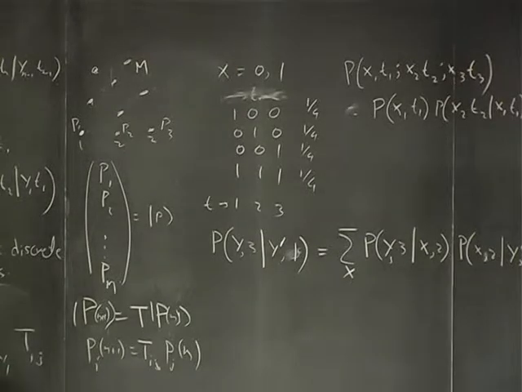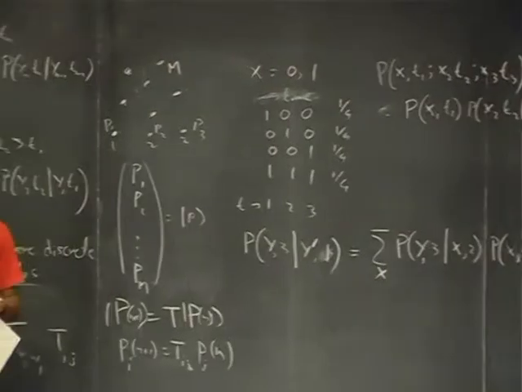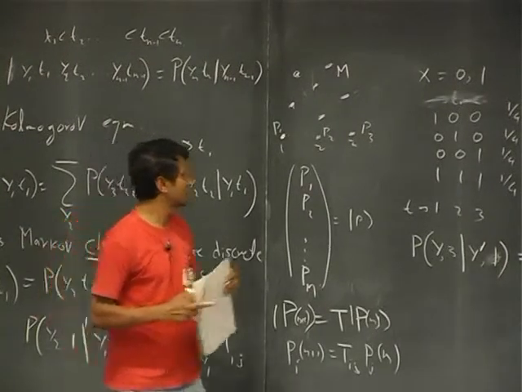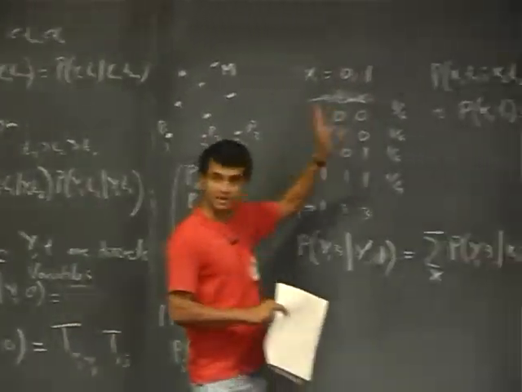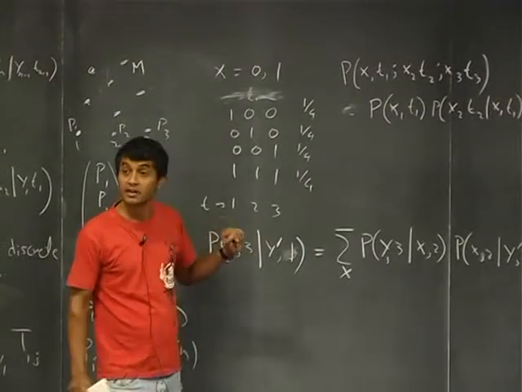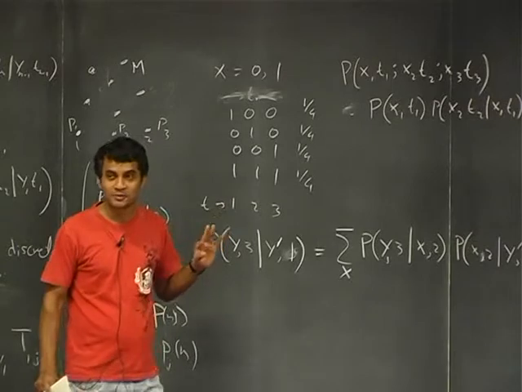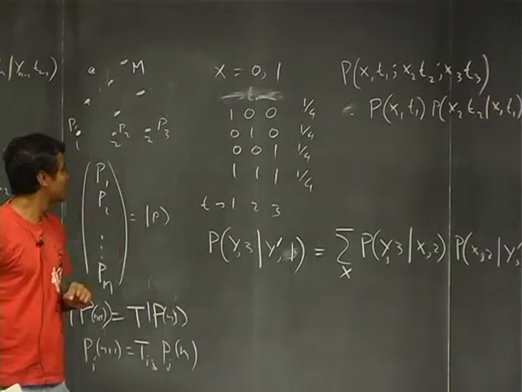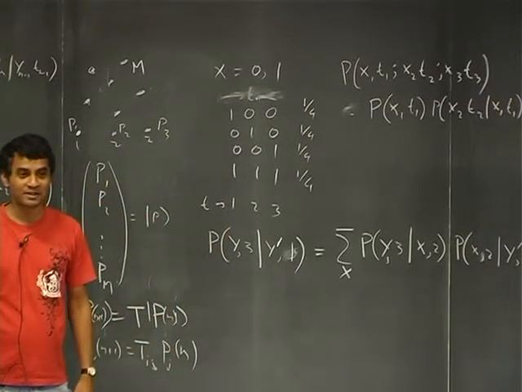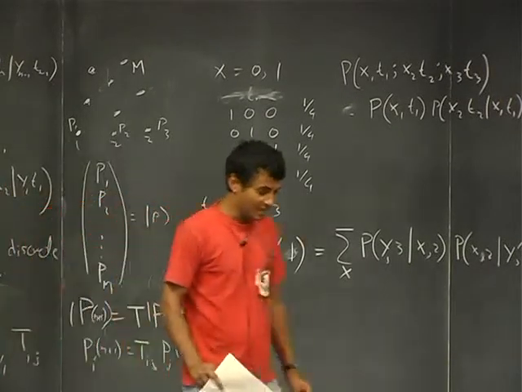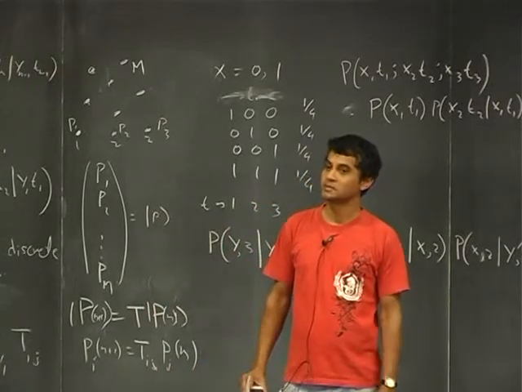So each time it can take two possible values. So there are... How? No, what do you mean by how? See, I mean, what is it?